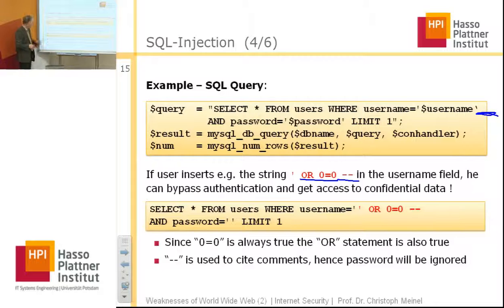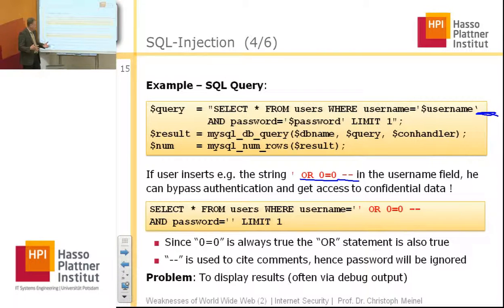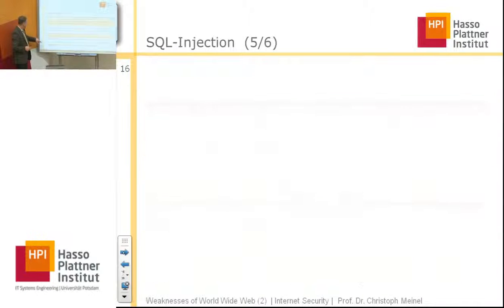So by means of such a simple injection inside an SQL statement, the attacker can bypass the authentication mechanism. The problem for the attacker is that he wants to see the results. This is a problem one needs to solve, but it is often done via debug output.